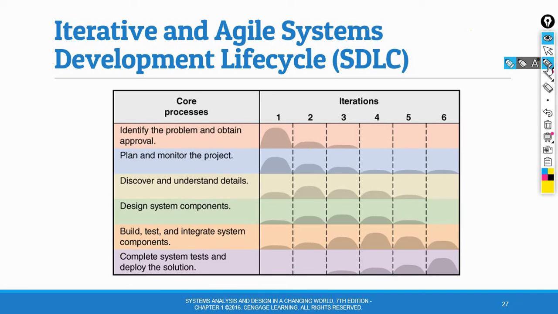For example, in iteration 1, it appears that this iteration primarily focuses on identifying the problem and planning the project, with lesser amounts of discovery, design, build, and test.